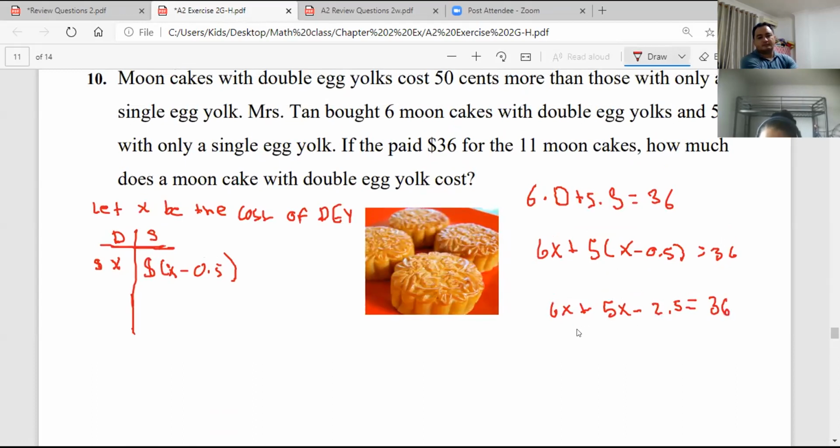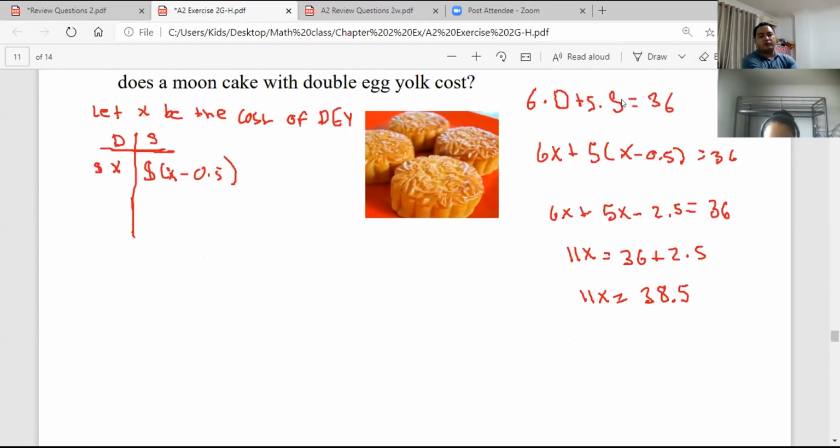6x plus 5x, that's 11x minus 2.5 equals 36, so 11x equals 36 plus 2.5, which is 38.5. Okay.